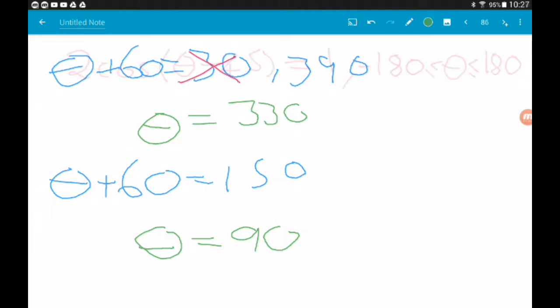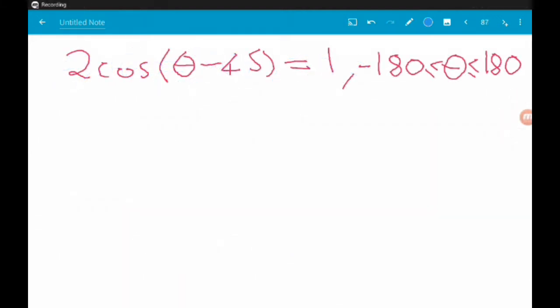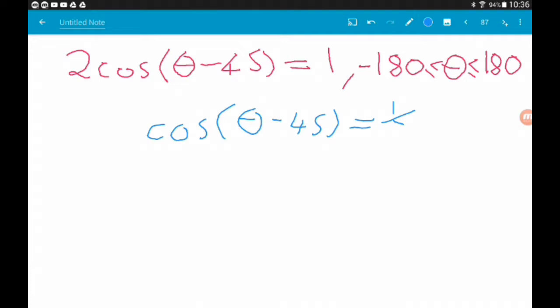Good times. Okay, example 2, we've got 2 cos of theta minus 45 is equal to 1 for values of theta between minus 180 and positive 180. The first thing we need to do is rearrange the equation a bit, divide through by the 2, and we get cos of theta minus 45 is equal to 1/2.